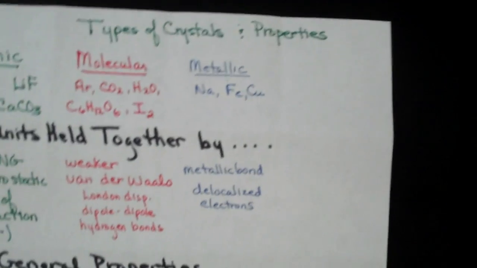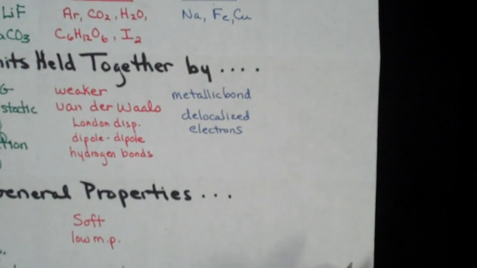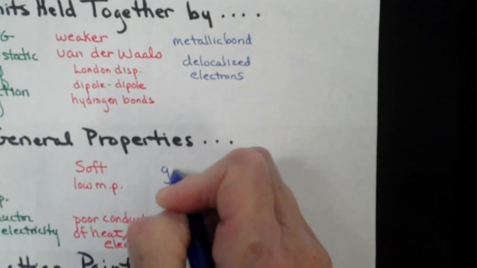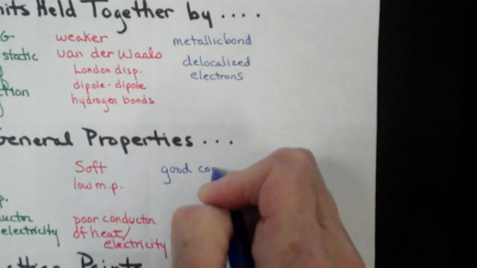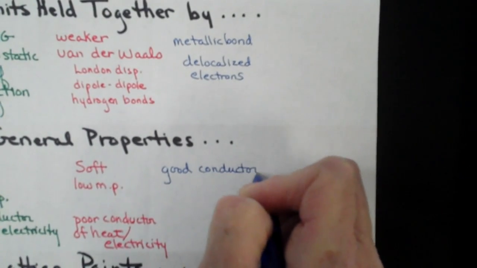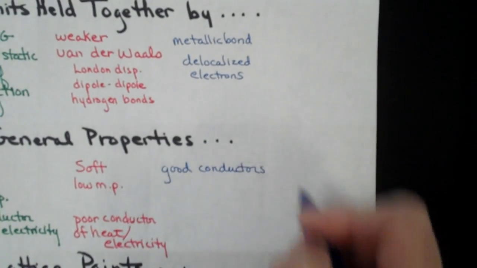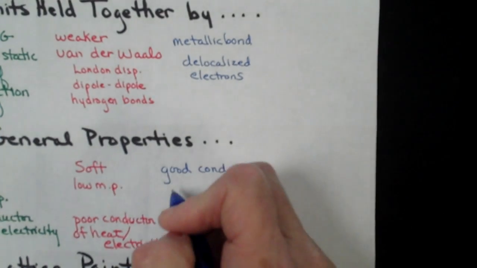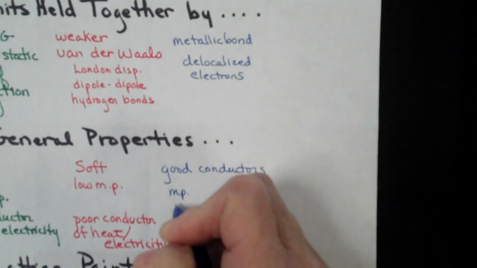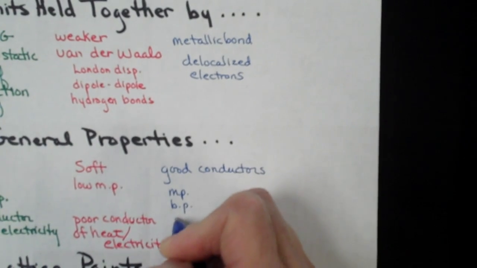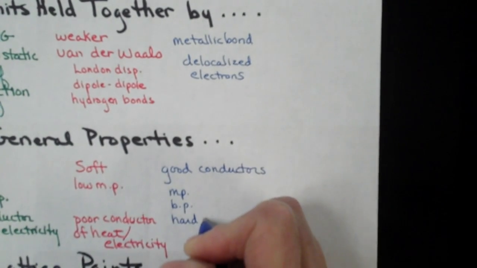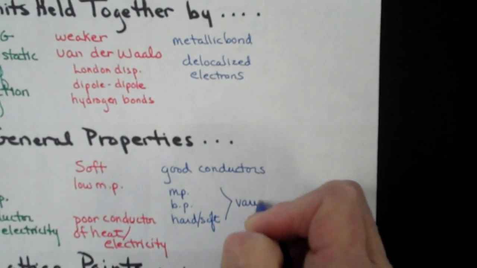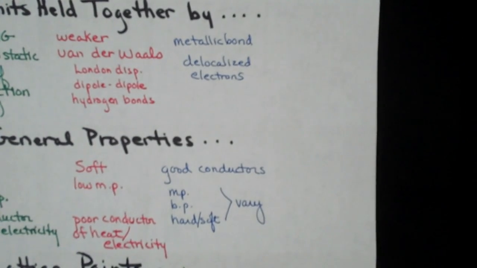Now, these delocalized electrons help us understand the properties. The properties are going to be good conductors. Melting points, boiling points, all these other properties vary greatly. We'll talk about these in class. These vary a lot from one crystal to another.